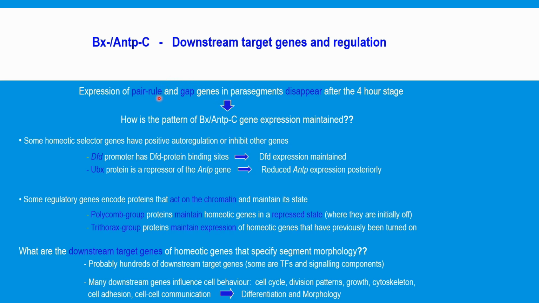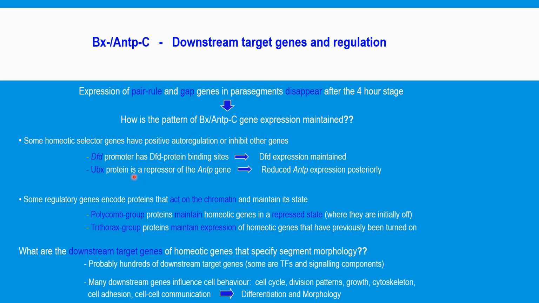So when they are turned on, they will have a self-perpetuating autoregulatory loop. And as I mentioned, some genes can also suppress other Hox genes, for example through posterior dominance. So you can establish and maintain expression patterns.